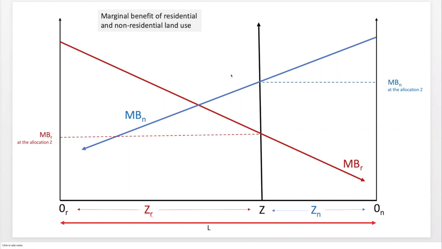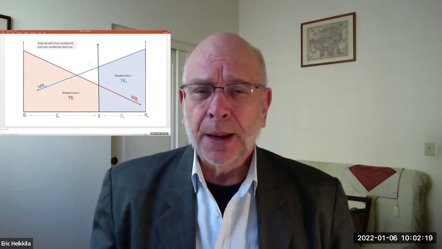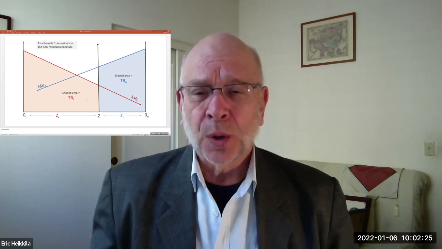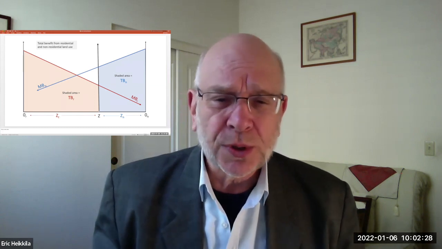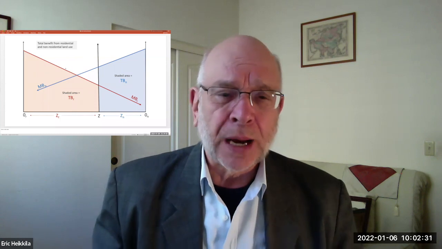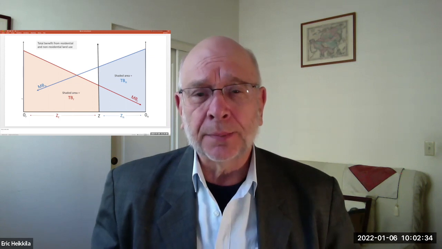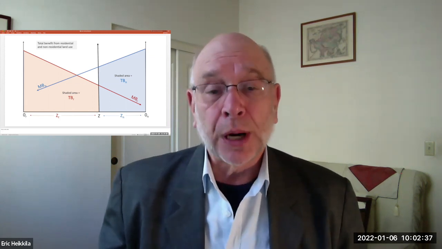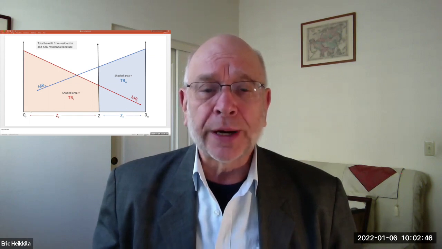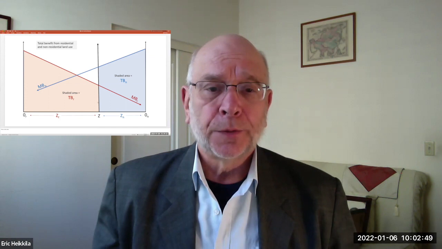If we look now at the total benefit associated with this allocation Z, the total benefit from residential use is given by the area of this polygon. Again, referring to the prior presentation on thinking tools, the way to recover a total benefit from a marginal benefit curve is simply to integrate the area beneath that marginal benefit curve.